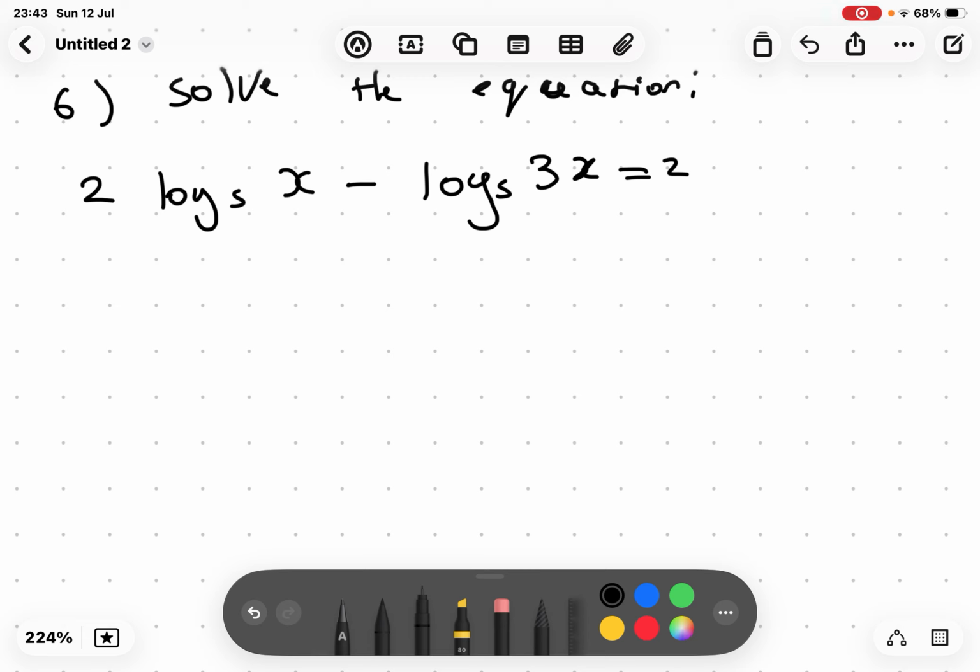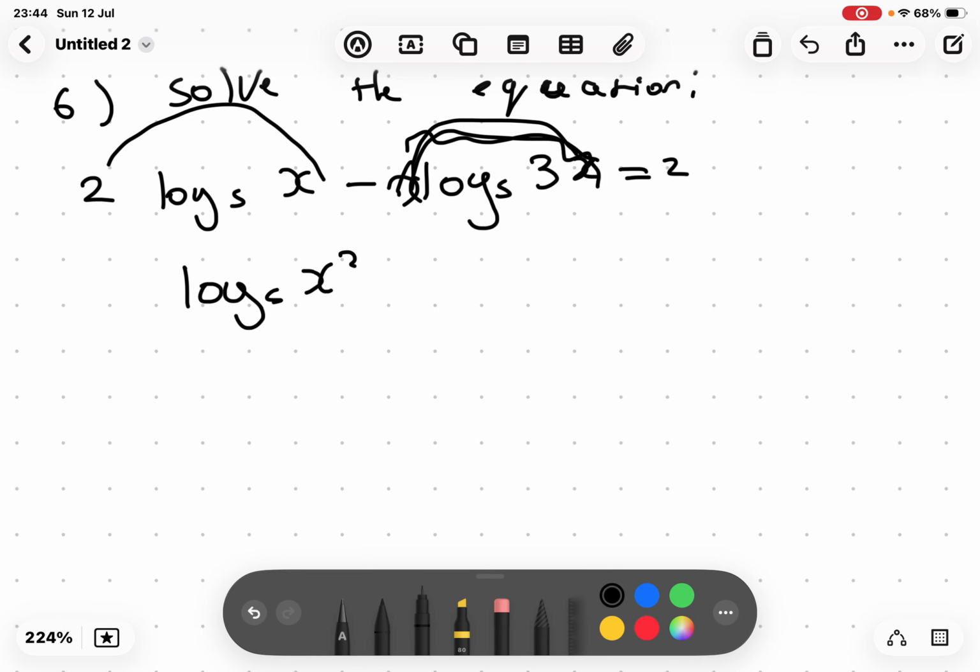So first of all, what I would do is move the x here. Oh no, okay, I would leave the x there, move this to here, do log 5x squared divided by log 5x 3 equals 2.